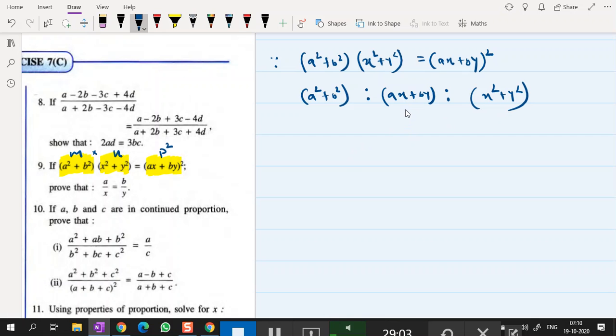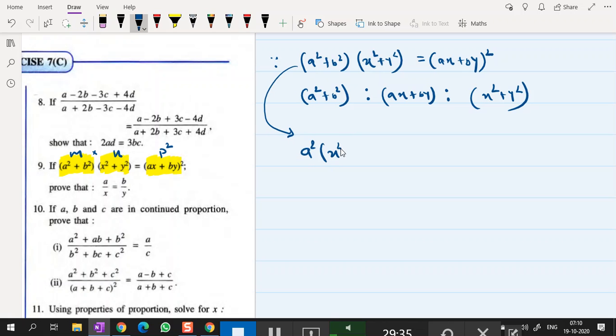So ax plus by is the mean proportional. Okay, but how to solve this question? Now this property of mean proportional, I don't know how and where it will be useful. But when I look at the question, I see that we can directly open the brackets and simplify it. Let's do that. So I'm just going to open the bracket and simplify.